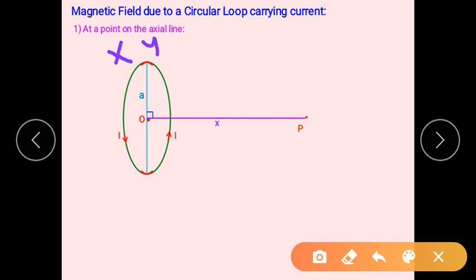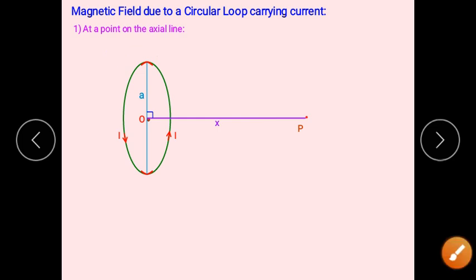So first let us split the circular loop into a large number of elements and consider such an element, and it is named as xy. It is shown there in red color, and the distance of this xy from P is given as r.